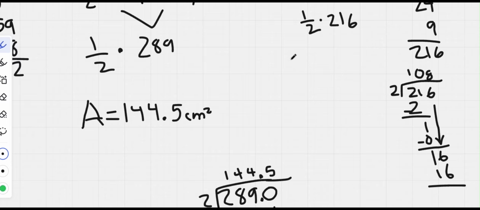So our area is going to be 108 feet squared.